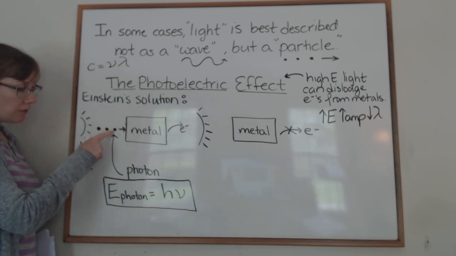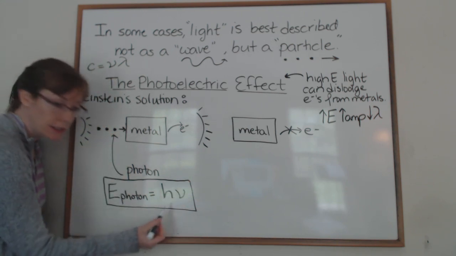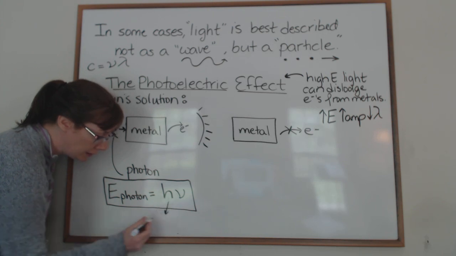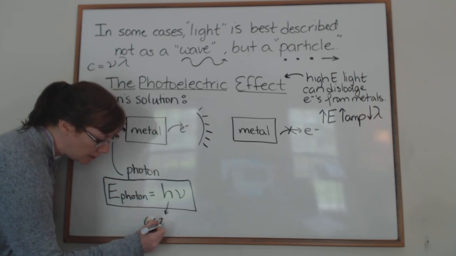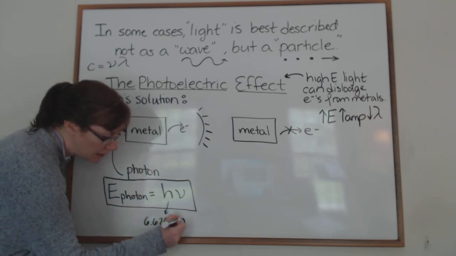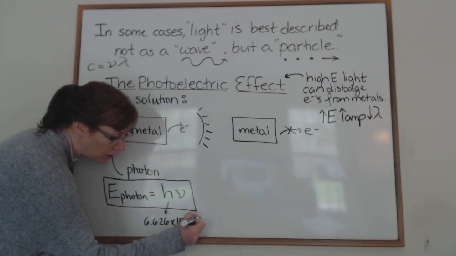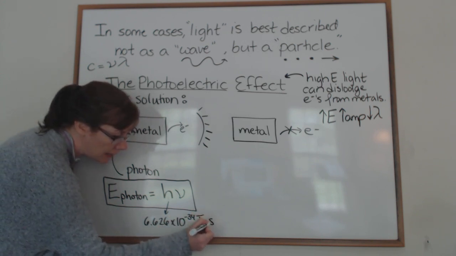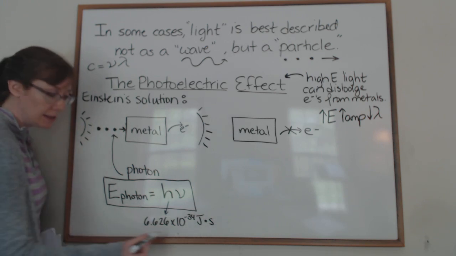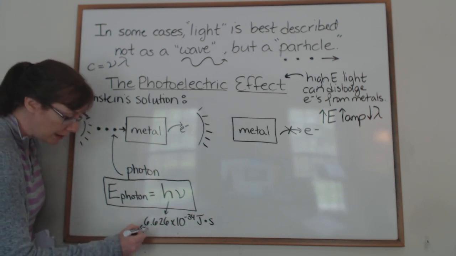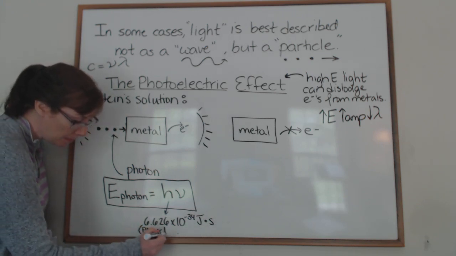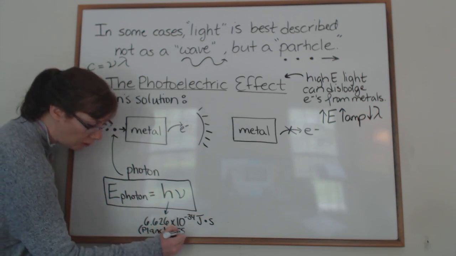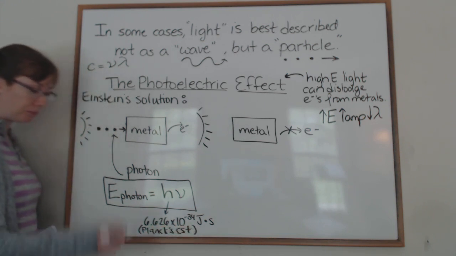The energy of each photon is equal to a constant. Let me give you what this number is. It's 6.626 times 10 to the negative 34th joules times seconds. Joules times seconds. And this is what's called Planck's constant. It's always the same number.